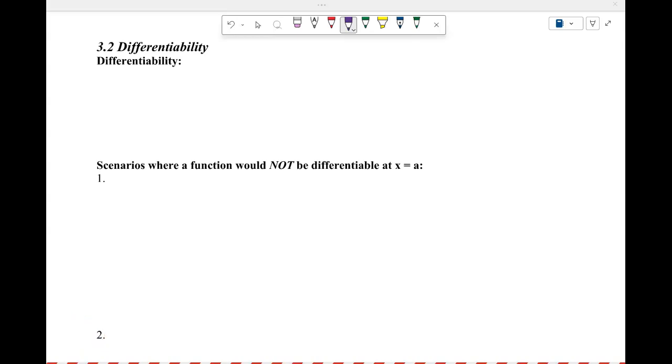So 3.2, the title is differentiability. So students, differentiability implies continuity.